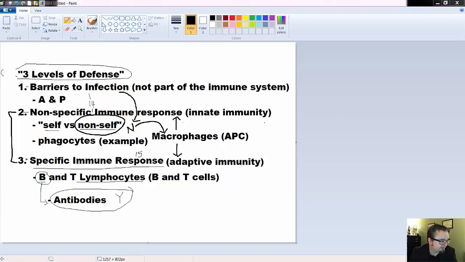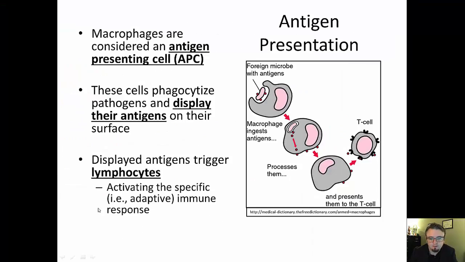Macrophages then act as an antigen presenting cell, and what they do is they start to gobble up some of the microbe. And when it comes to their role as an antigen presenting cell, they phagocytize, so they gobble up this foreign microbe, and then they break it down inside the cell, and they literally take parts of that microbe, little pieces of it, and they display it on the outer part of their cell.